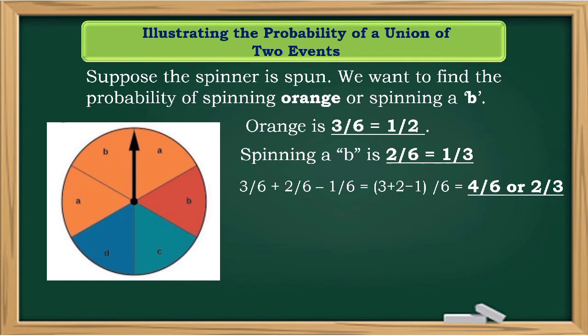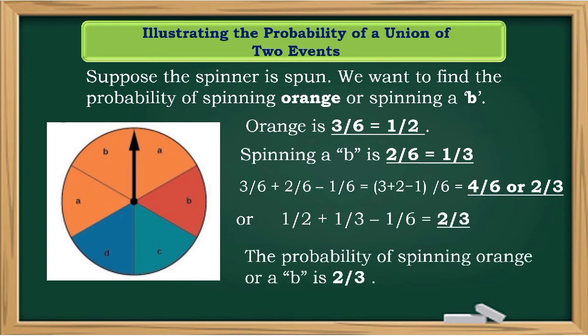Or in simplified form, we have 1/2 plus 1/3 minus 1/6, which is also equal to 2/3. Therefore, the probability of spinning orange or B is 2/3.